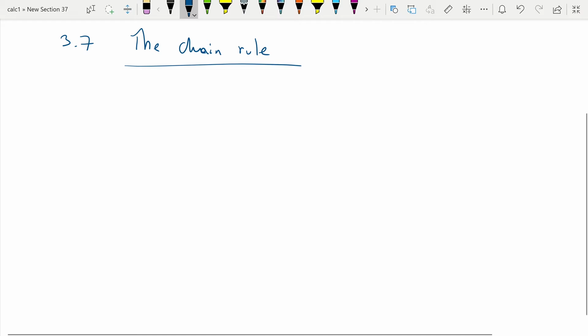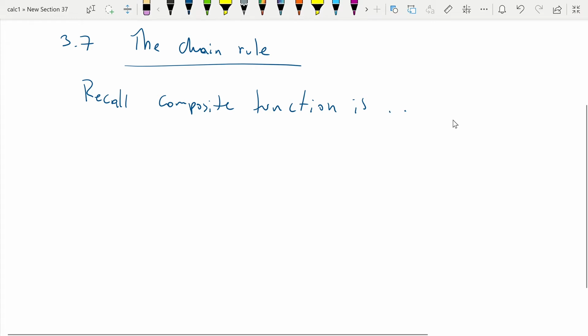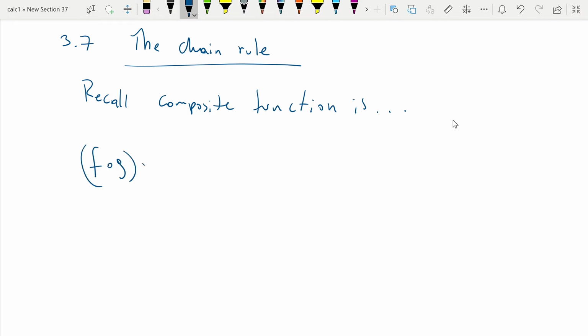So what is this chain rule? First of all, let's try to recall what a composite function is. This is a function of the form f composed with g, evaluated at x, which is computed by evaluating f at g evaluated at x, for every x.